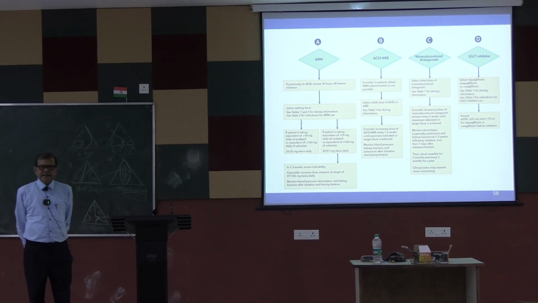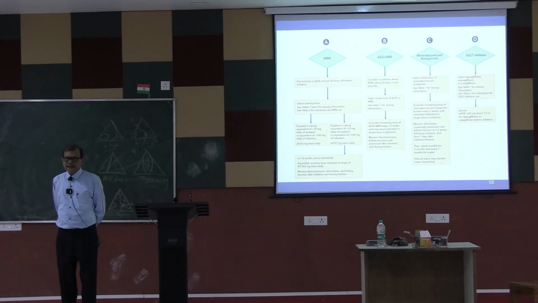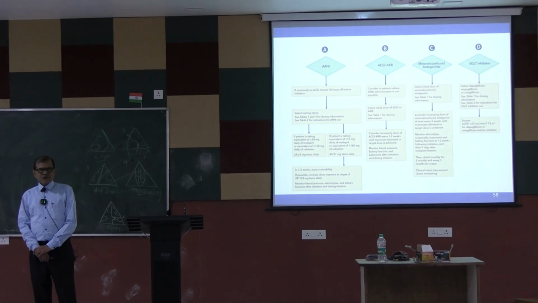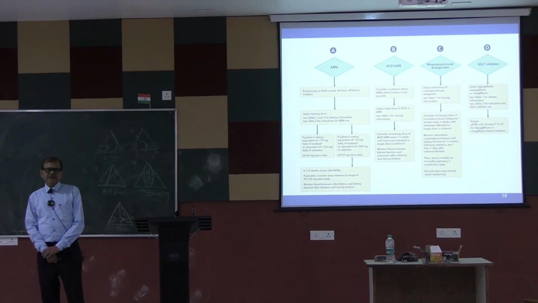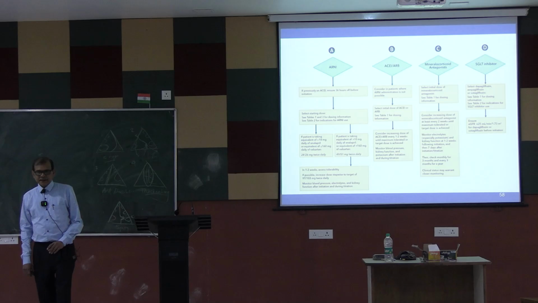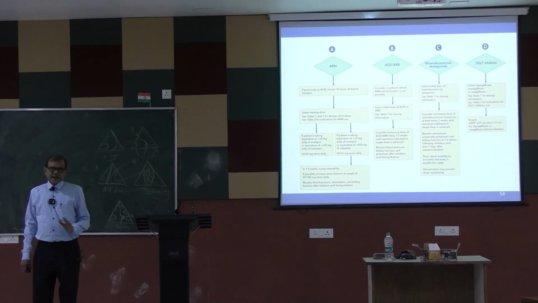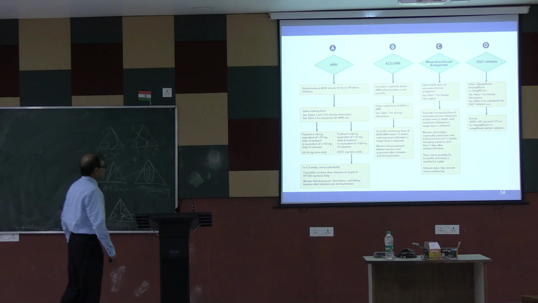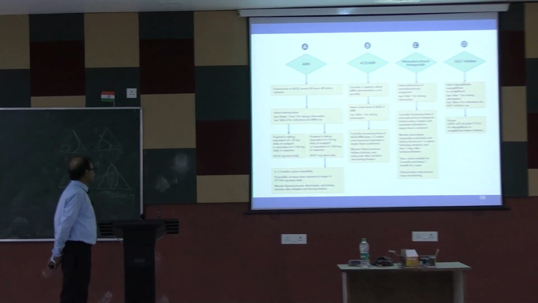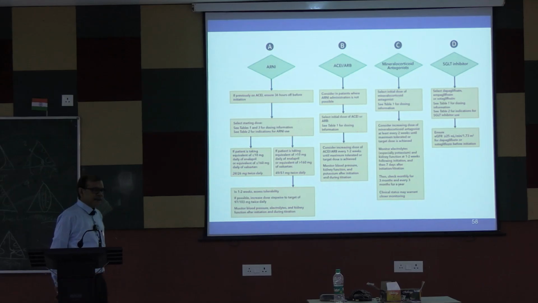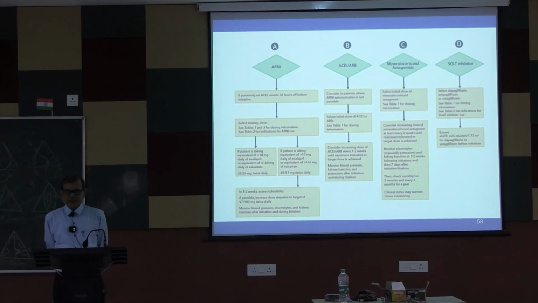Monitoring at an interval of 1 to 2 weeks following initiation as well as during titration as well as continuation. What should we monitor especially? Number 1, renal functional status. Number 2, blood pressure. Number 3, blood electrolytes.